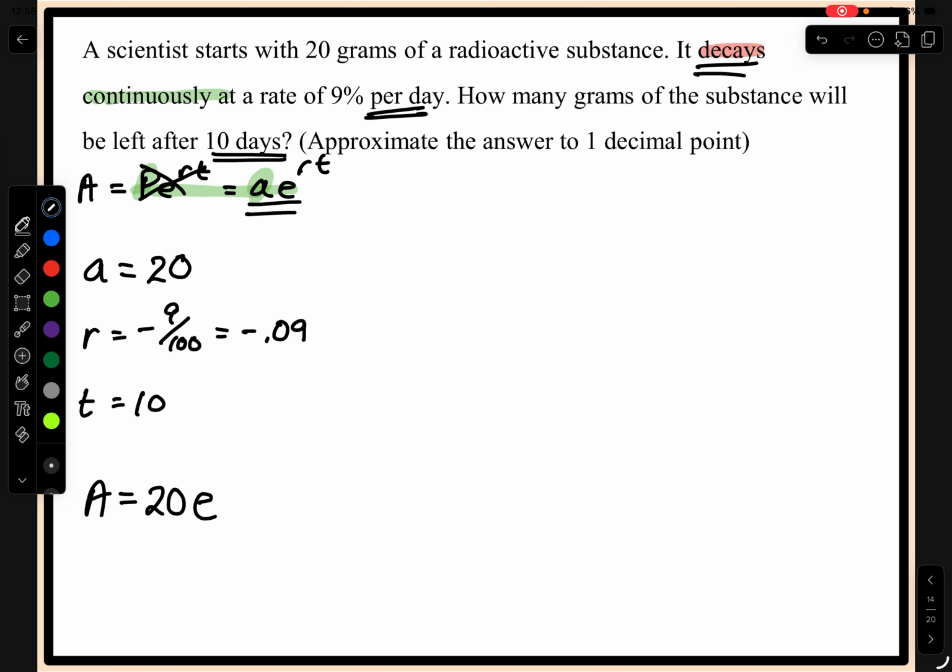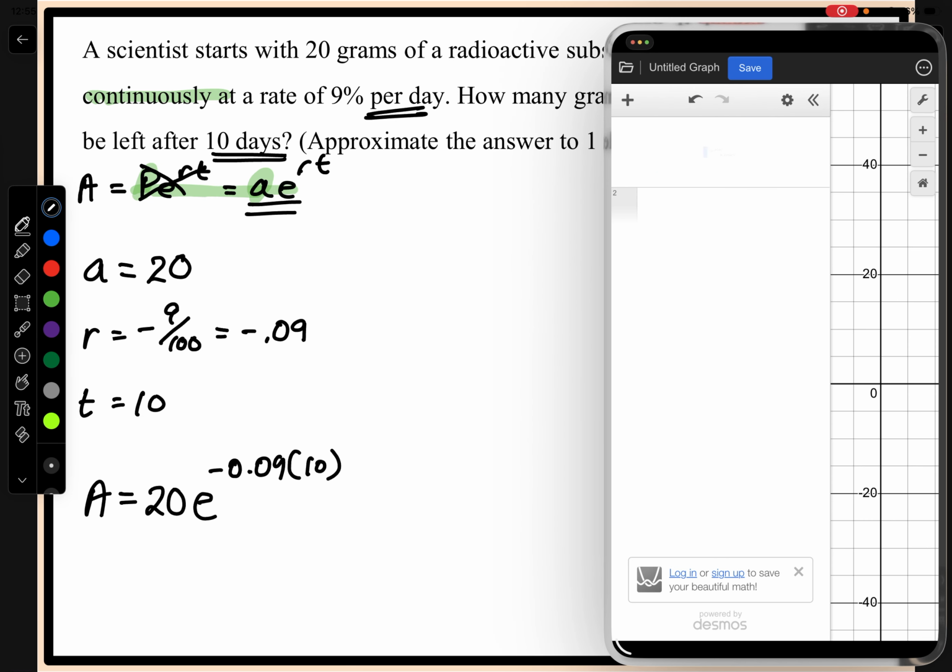So 20 times e raised to the negative 0.09 times 10. Let's see what we get from there.